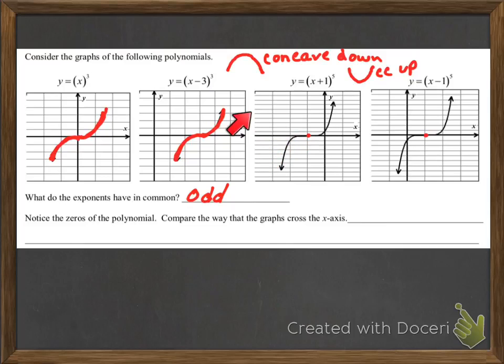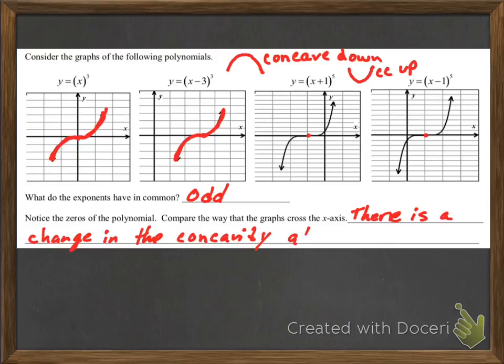So what happens is when you have an exponent that is an odd exponent, you're going to have a change in concavity of your graph at the zero. Here you're changing from concave down to concave up. So there is a change in the concavity at the zero.